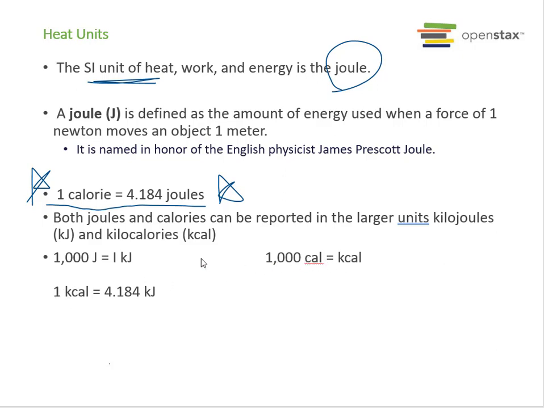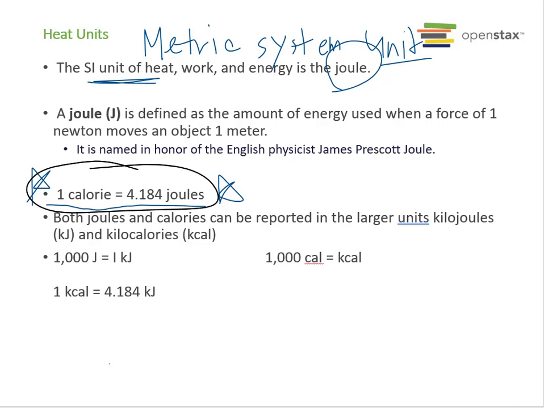And therefore, because 1 calorie is equal to 4.184 joules, 1 kilocalorie is equal to 4.184 kilojoules. So again, joules and calories are interchangeable when converting from one to the other.